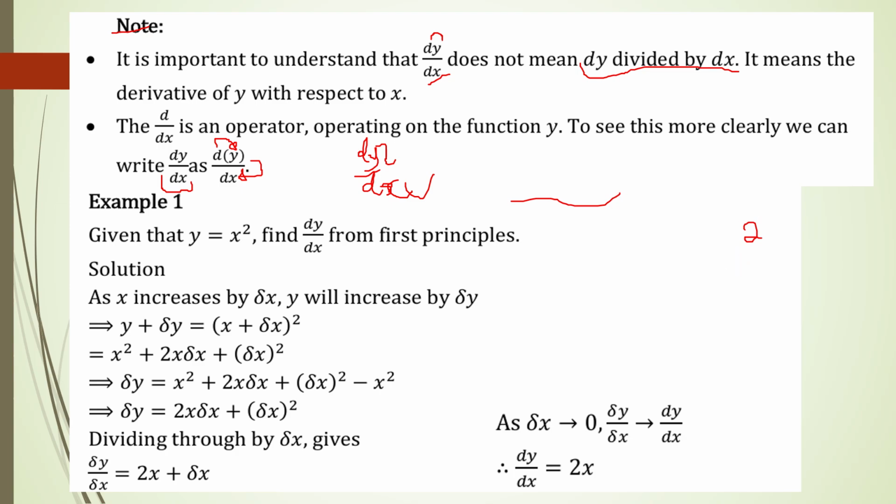So now looking at the first example, we have told you that given that y is equal to x squared, find the derivative of y in respect to x from first principles, or find dy dx from first principles. Now looking at the solution, for first principles, what you need to understand is that we are adding small changes, or errors that could have been present in that particular function.